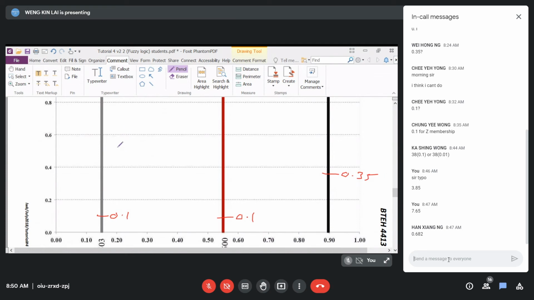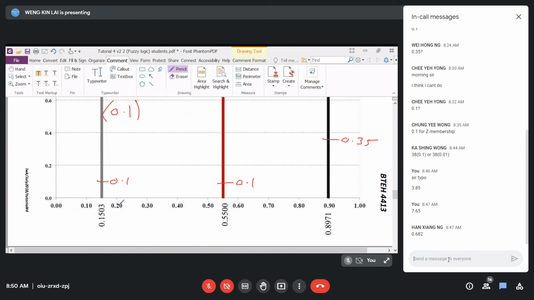So what we have here, 0.1 multiplied by this value here, 0.1503. This one is 0.1 multiplied by 5500, and this is 0.35 multiplied by 0.8971.